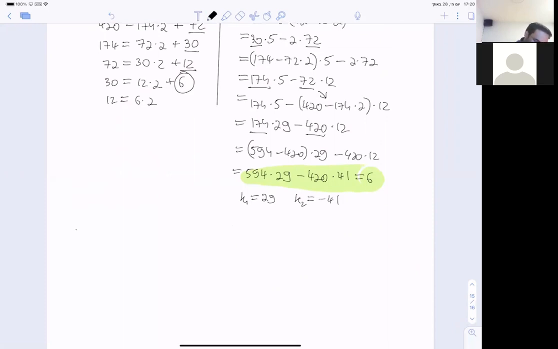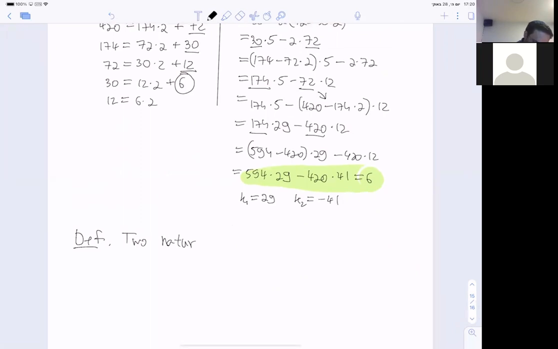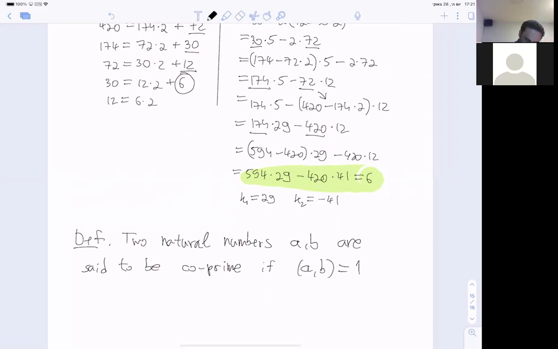Definition. Two natural numbers A and B are said to be coprime if the GCD is 1.